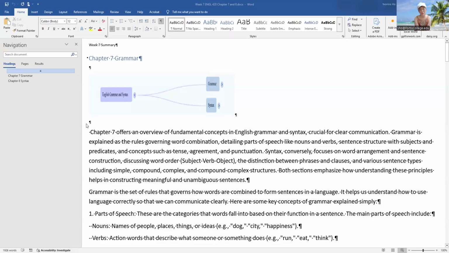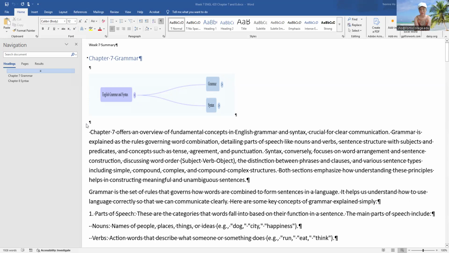And so chapter 7 offers an overview of fundamental concepts in English grammar and syntax, crucial for clear communication. Grammar is explained as the rules governing word combination, detailing parts of speech like nouns and verbs, sentence structure with subjects and predicates, and concepts such as tense, agreement, and punctuation.